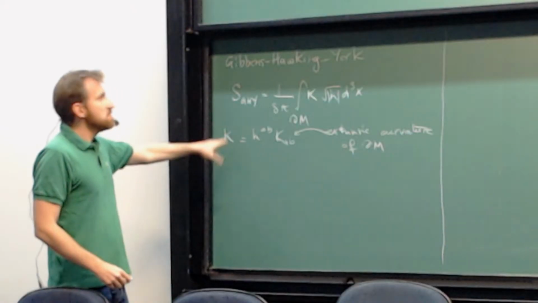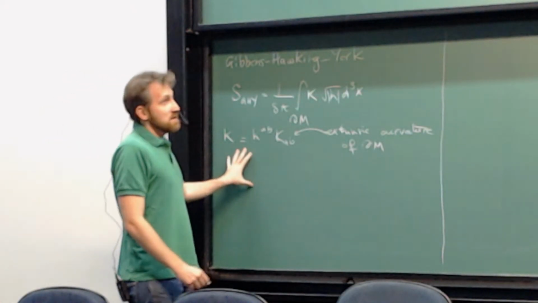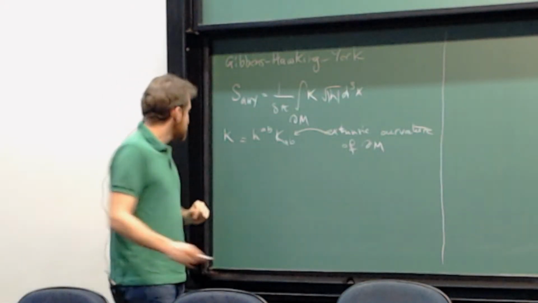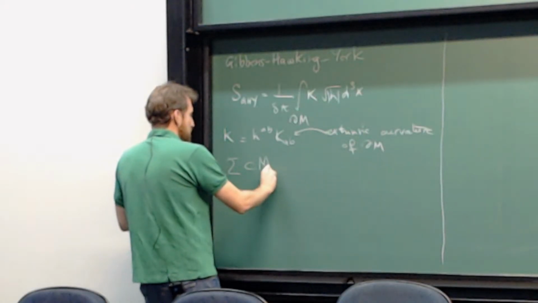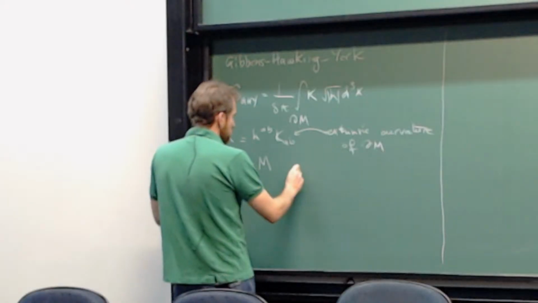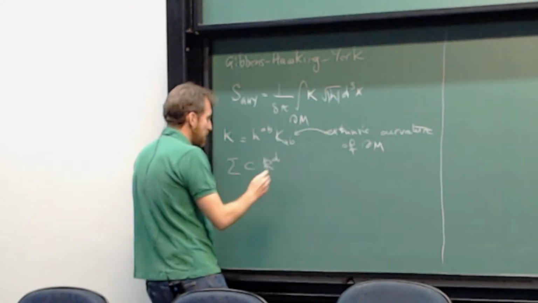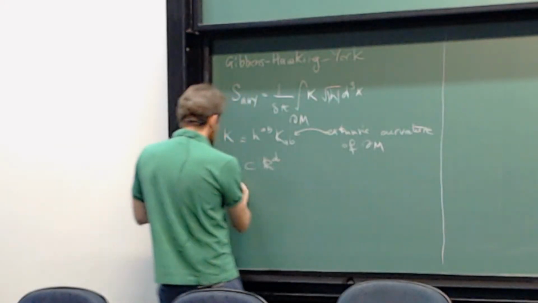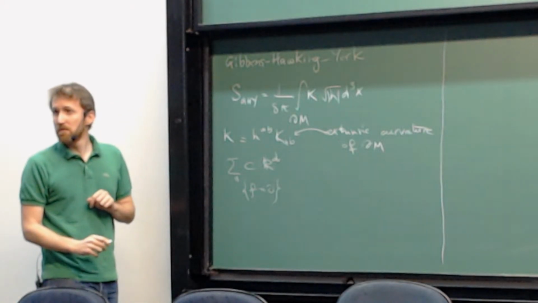You can show, it's shown in the lecture notes, another paradigmatic example: you take as a surface in your manifold, say the manifold is R to some power, the level set of some function.